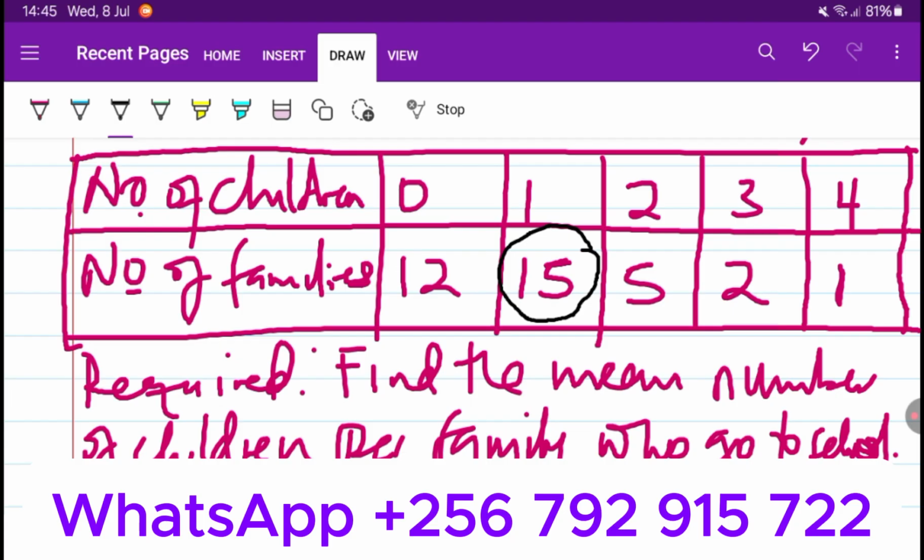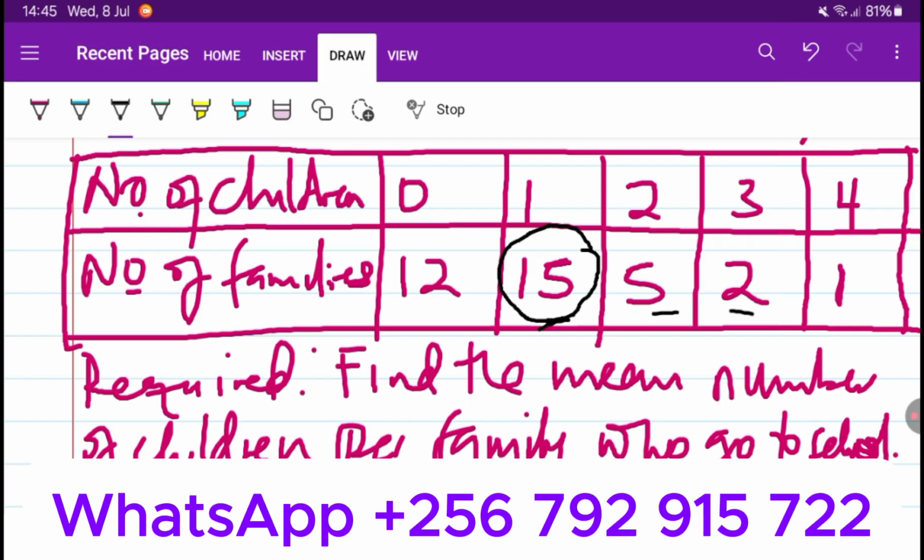If I'm to just explain this data set from a table representation, you can see that at least the maximum, at least 15 families have a kid that goes to school. You can see from here, because the frequency here is so much, as opposed to, you can see that it is decreasing. This one is 5, this is 2.